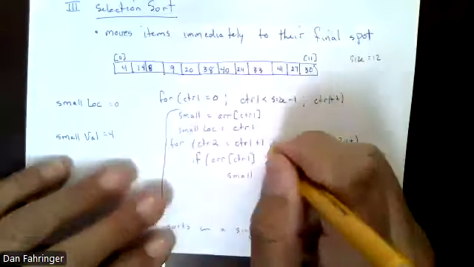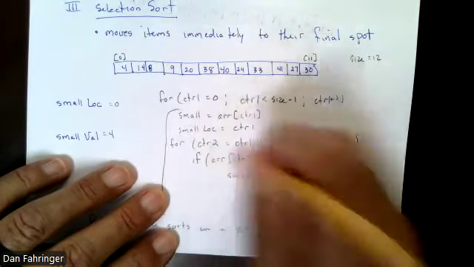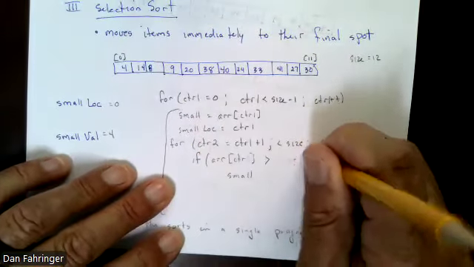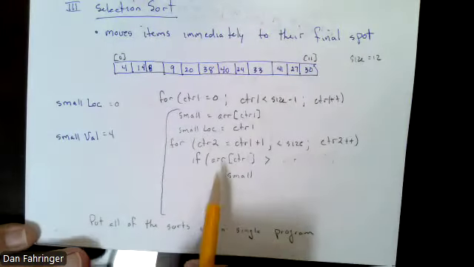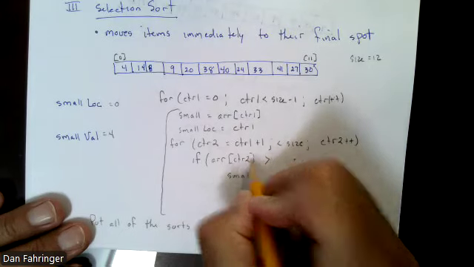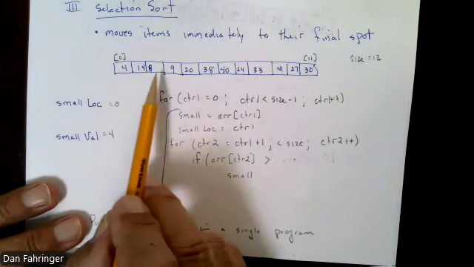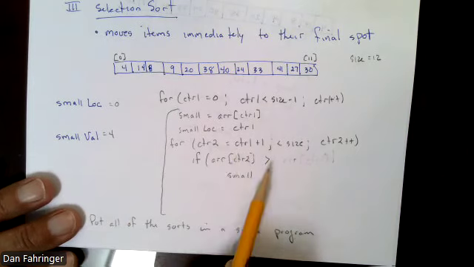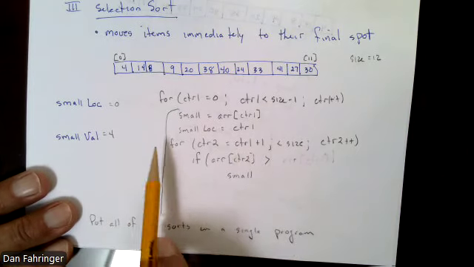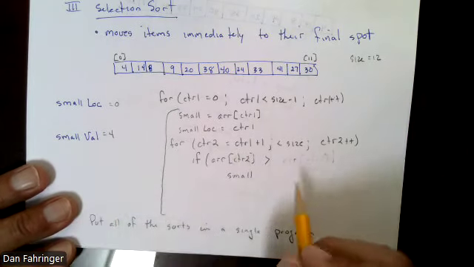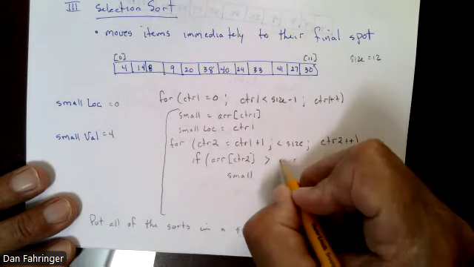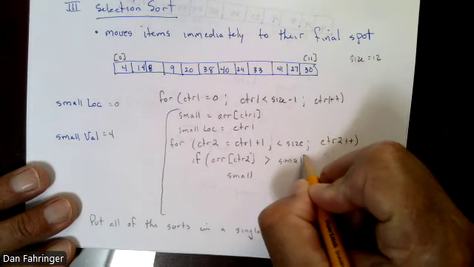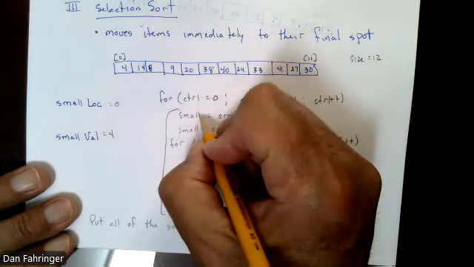Oh, so it's going to be the array with the small location. So what if I say array sub counter 2? Okay, array sub counter 2, that's all these values. If that's greater than, I call this small value. Yeah, if this number is smaller, is greater than small value, I didn't put value up here.